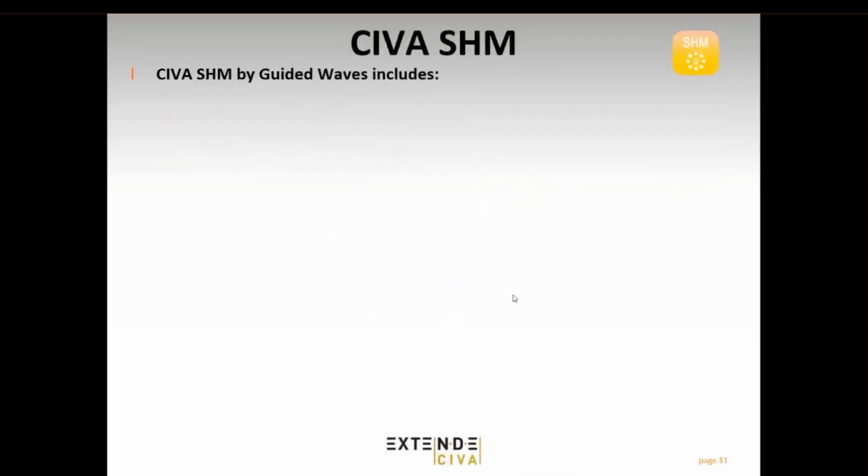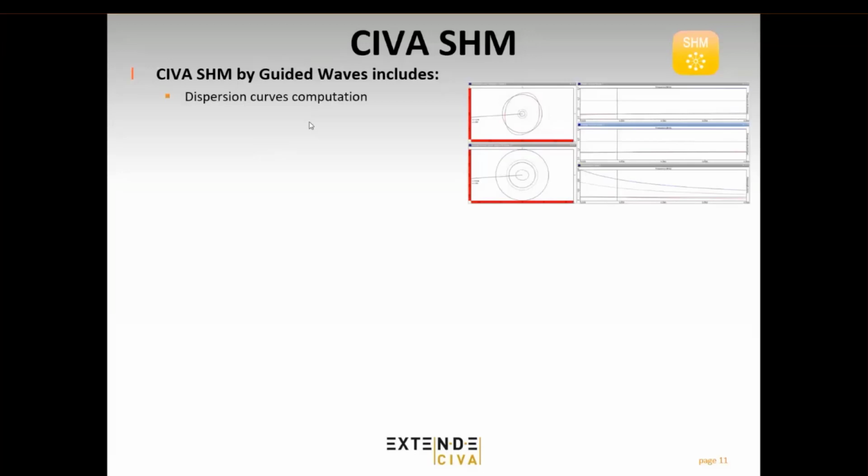And now CIVA SHM for structural health monitoring. So we no longer talk about inspection, but monitoring of structures. It's based on guided waves. It includes today tools to compute dispersion curves, similar to the ones you can find in the guided wave NDT tools of CIVA.